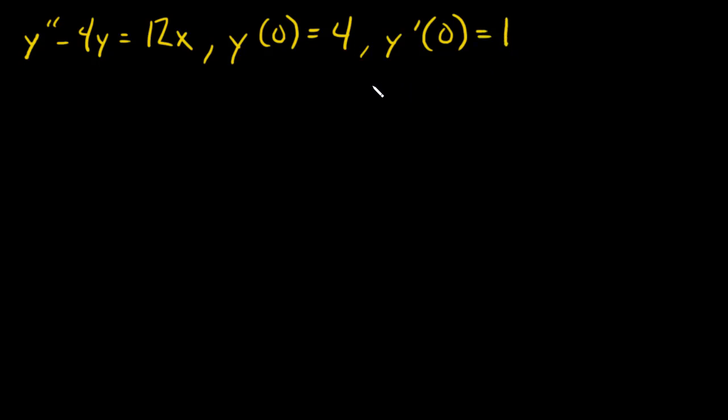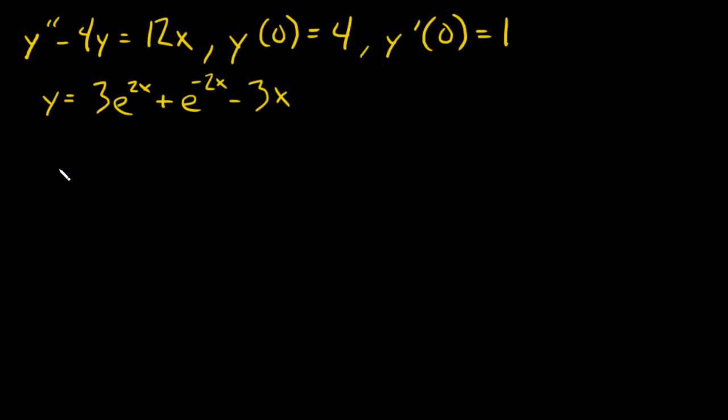Okay, so let's say that I have been given the solution y equals 3e to the 2x plus e to the negative 2x minus 3x. How would I verify that that is a solution?